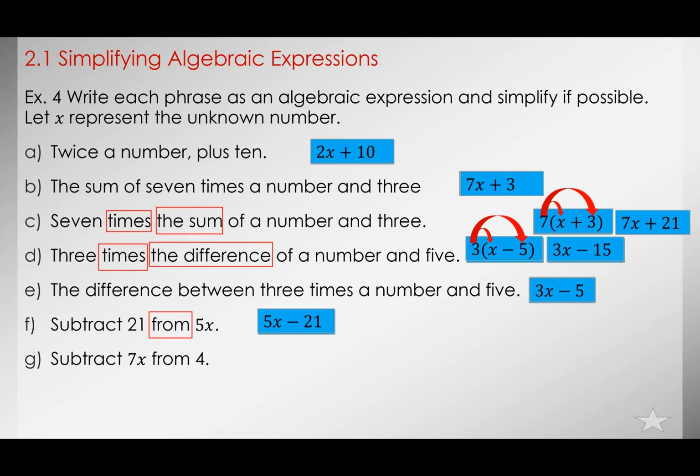Okay, so we're not taking 5x away from 21, right? So in a sense, anything after the word from has to go in front of your operation. Same thing with the words less than. If we have 5x is less than 21, then again it's going to be 5x minus 21.